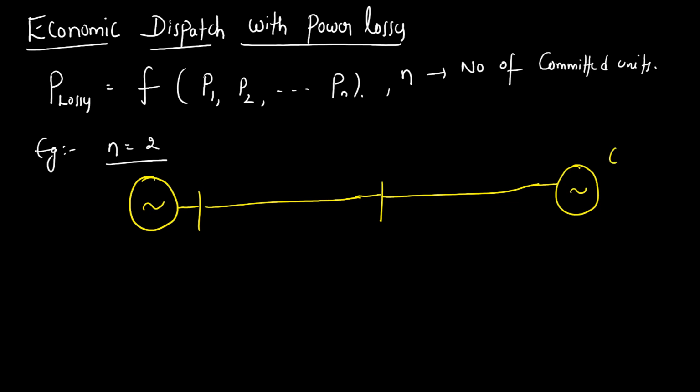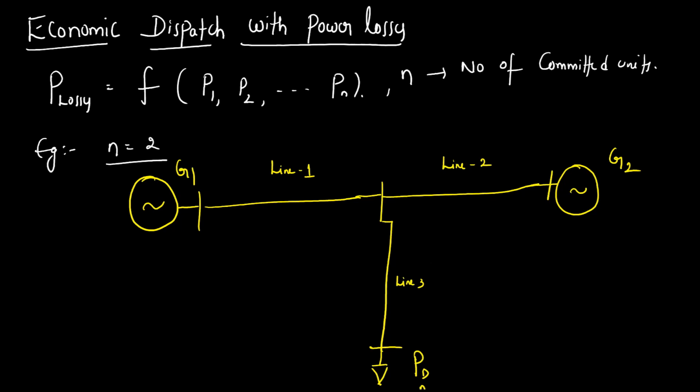Okay, so this is generator 2, this is generator 1, this is line 1, this is transmission line 2, and this is transmission line 3, and here load is connected.